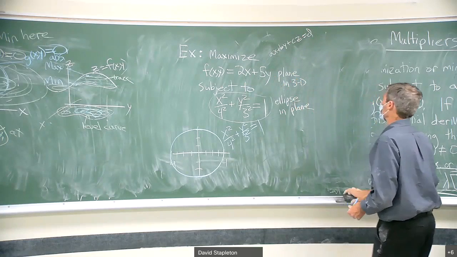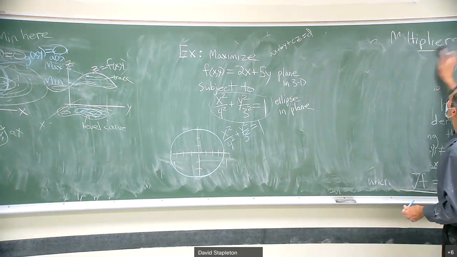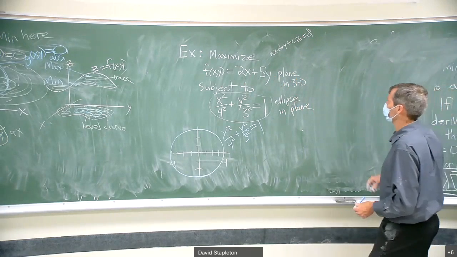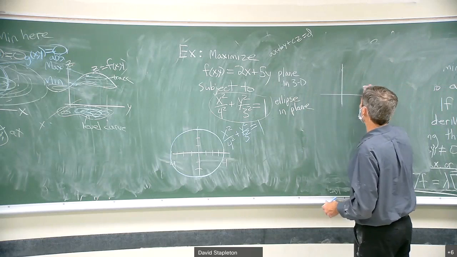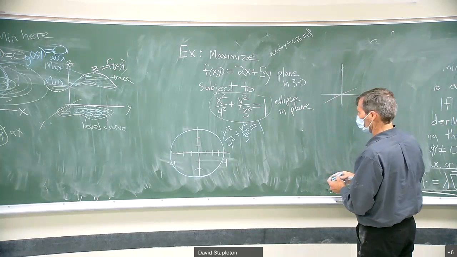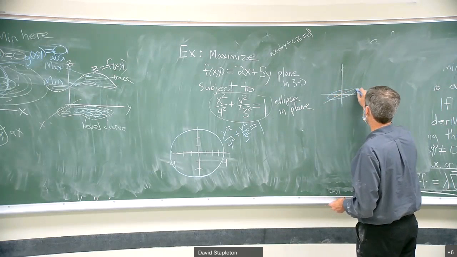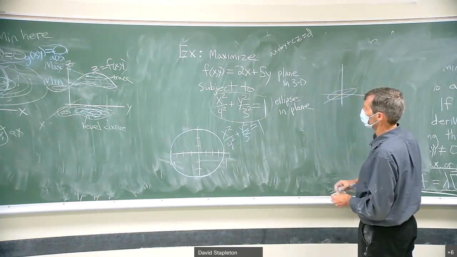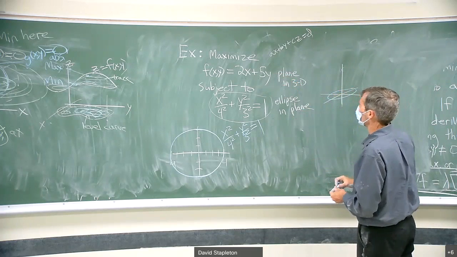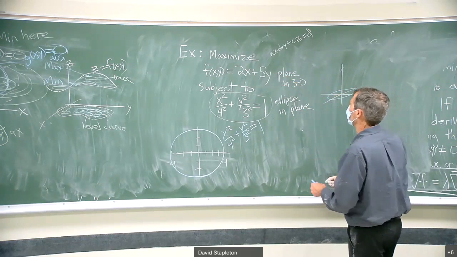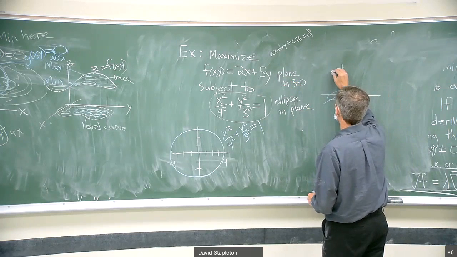And so what you're being asked to do now, this all makes more sense when you draw it, is consider moving around this ellipse in the XY plane. And the surface over the top is the plane, that's something like this maybe.